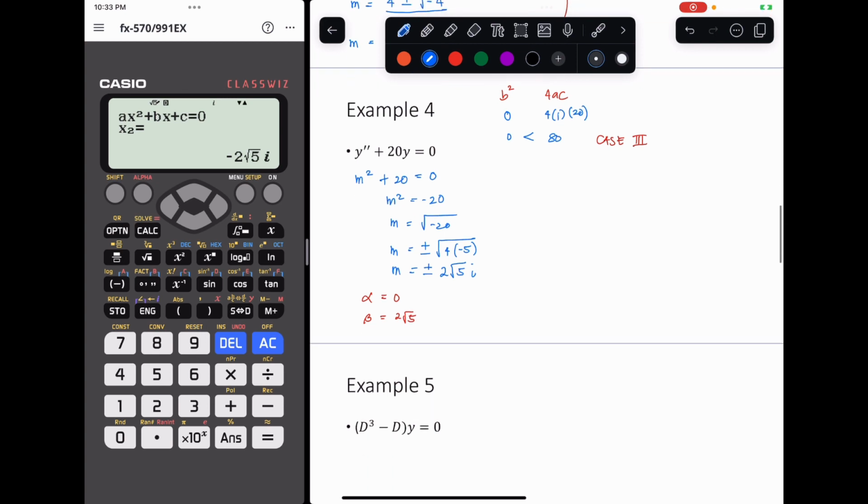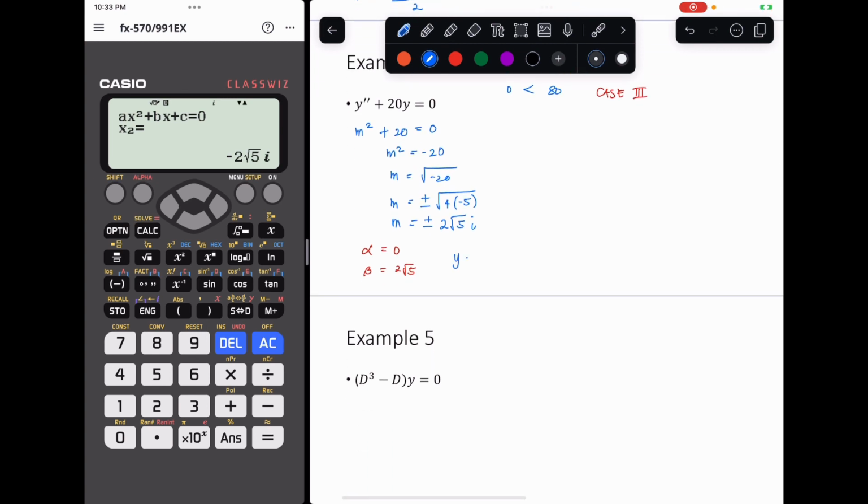So we can write now our general solution to be c sub 1 e raised to alpha, which is 0, so 0x, then cosine of 2 square root of 5 times x, plus c sub 2 e raised to 0x sine of 2 square root of 5 times x.